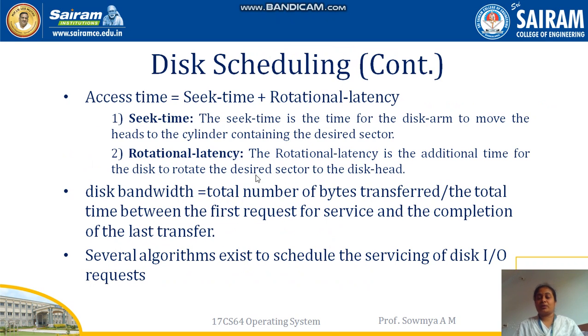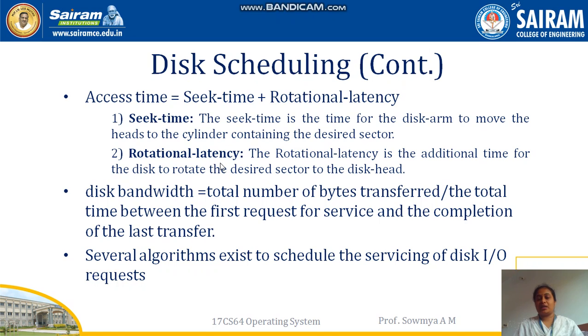I have already told you that access time is how you measure disk scheduling. Access time is calculated based on seek time and rotational latency. Seek time is the time taken to find the desired sector in the cylinder.